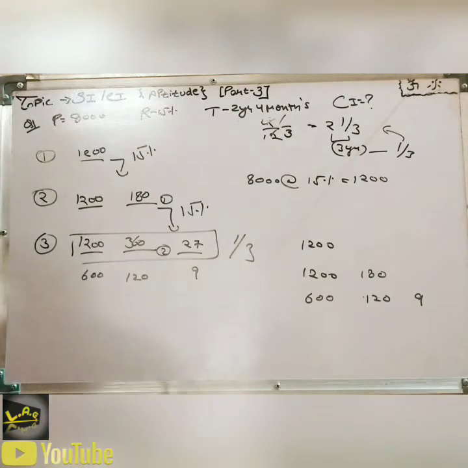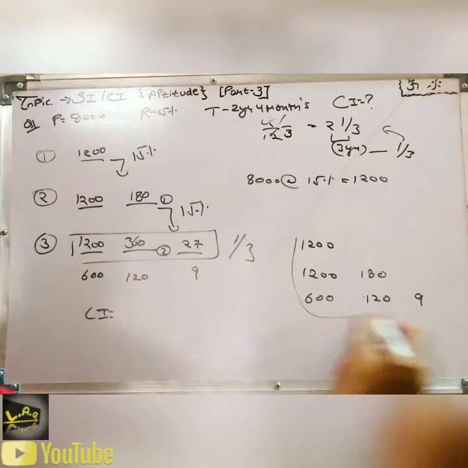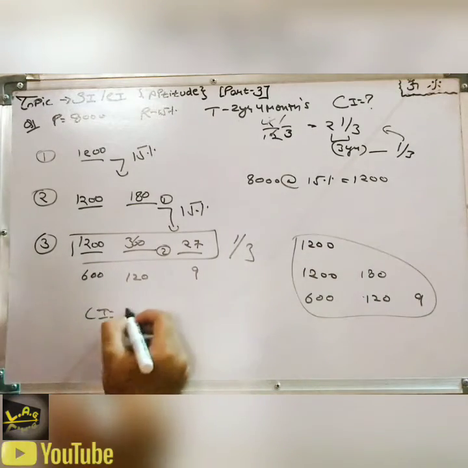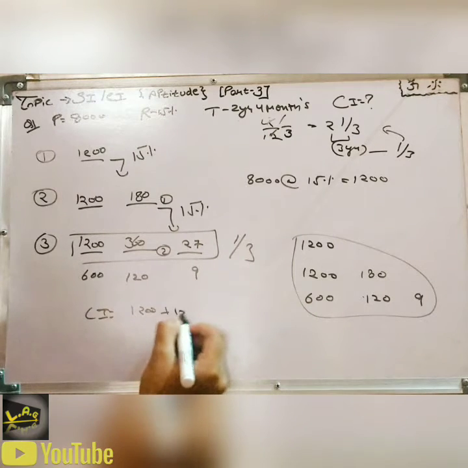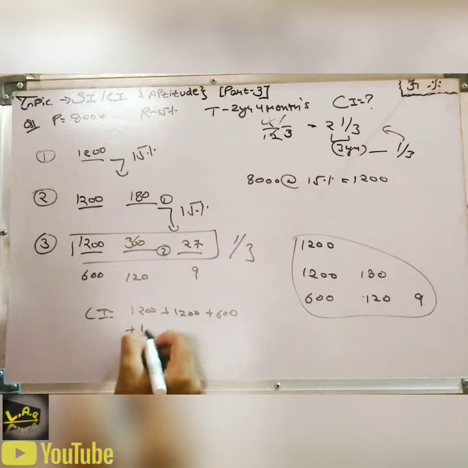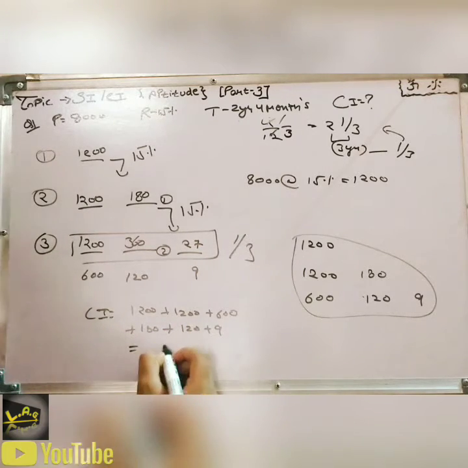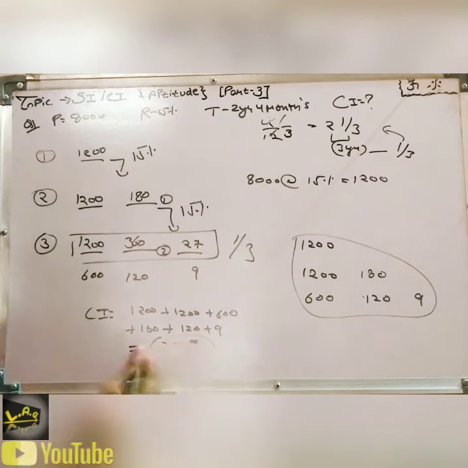That's all. And for the compound interest, just add all these lines: 1200 plus 1200 plus 600 plus 180 plus 120 plus 9. You will get 3309.